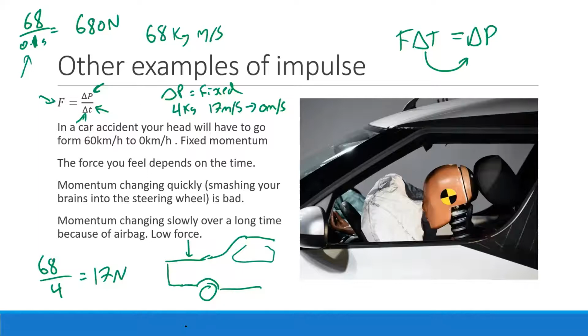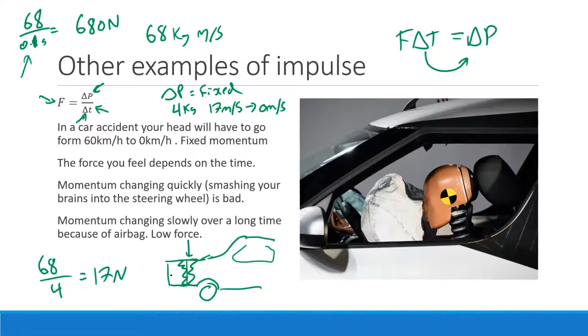When you're in a car accident, part of your car is designed to get squashed. And the whole reason that it's designed to crumple is because it increases the amount of time of the collision. If you can increase the amount of time of the collision, then you will decrease the amount of force.